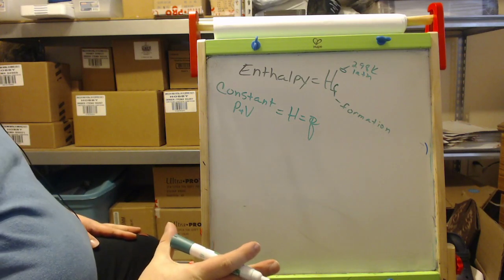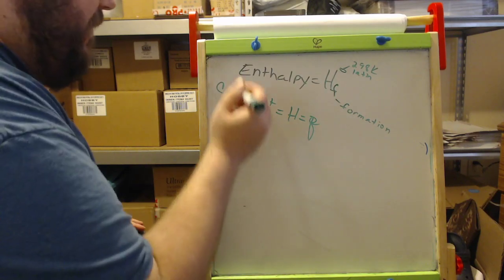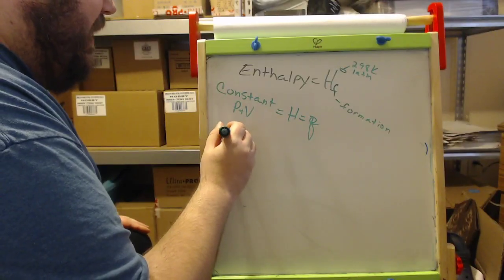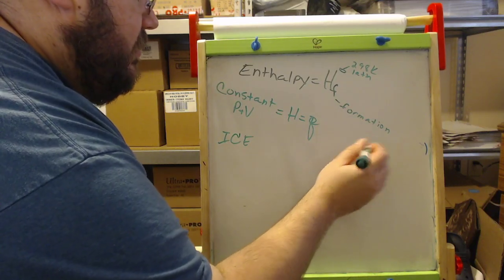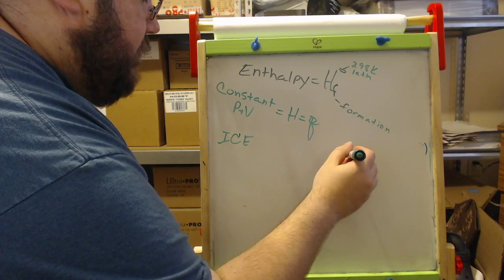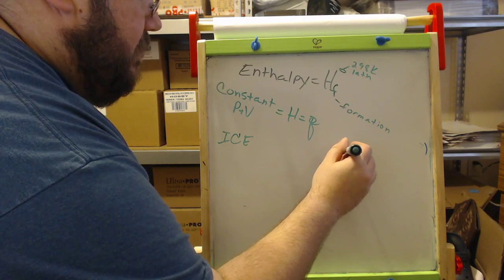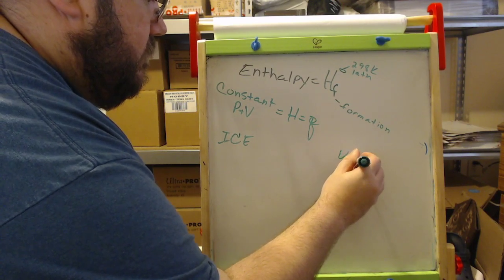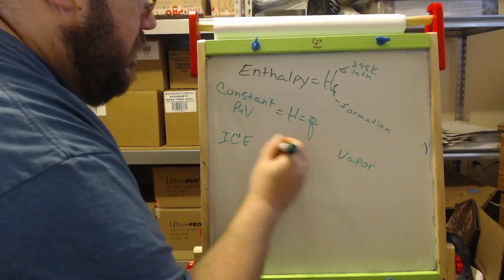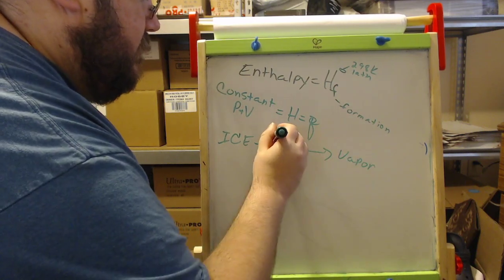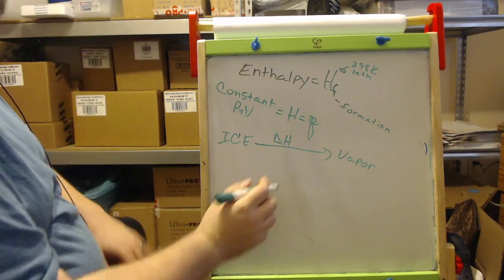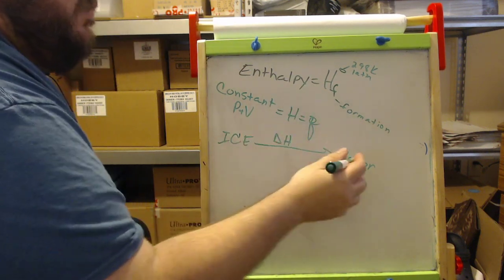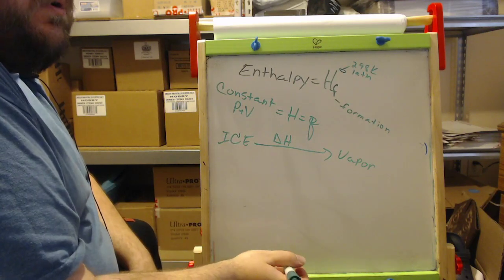Okay? And what I mean by that is, if I have ice and I want to measure the enthalpy of turning it into vapor, I would just worry about the change in, and delta means change in, enthalpy from ice to water vapor.